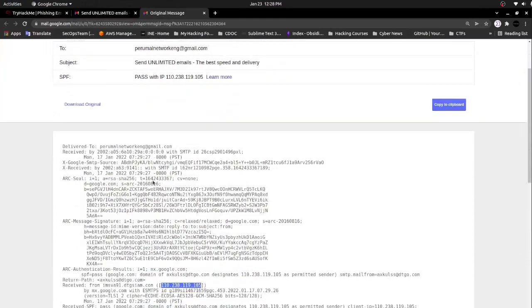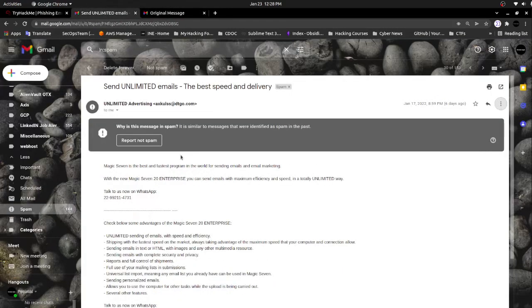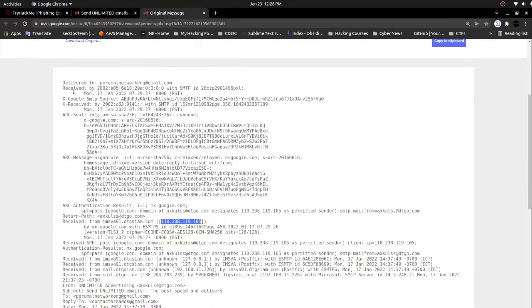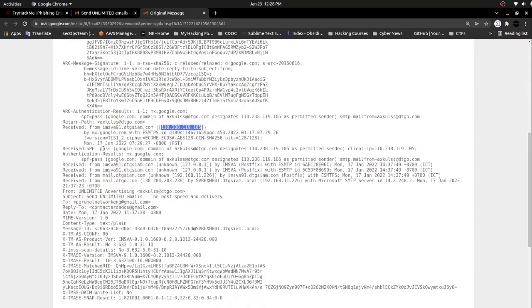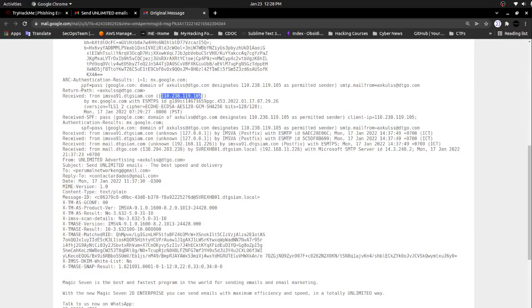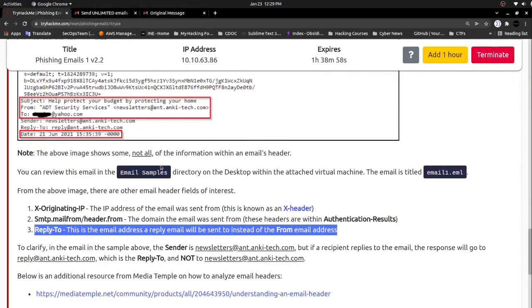But let me check the same here. When I try to find the X-Originating-IP, I'm not able to see that parameter. In that case, you can simply refer to the Received parameter. If you see the Received parameter, you will be able to see from where the email has originated.